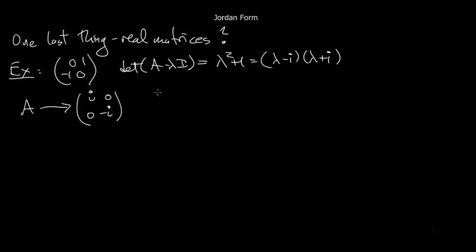So when I said Jordan form holds for complex matrices, of course it applies to a real matrix, but the Jordan form matrix that you get might not be real. That might have complex numbers in it.